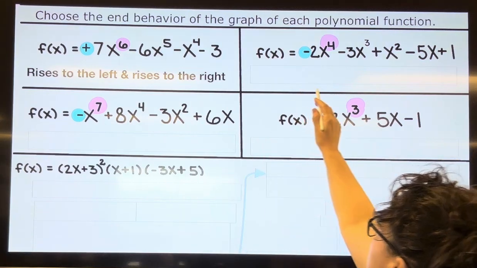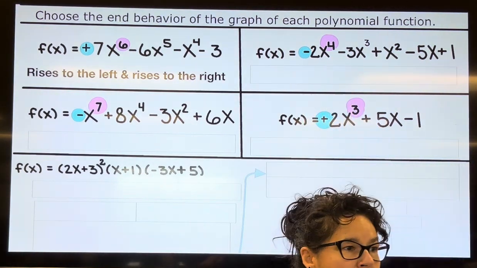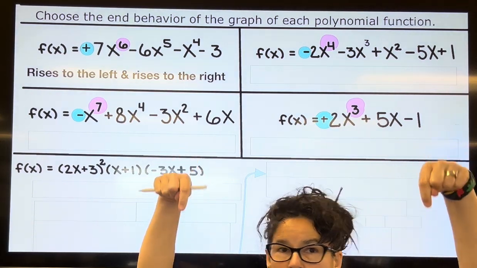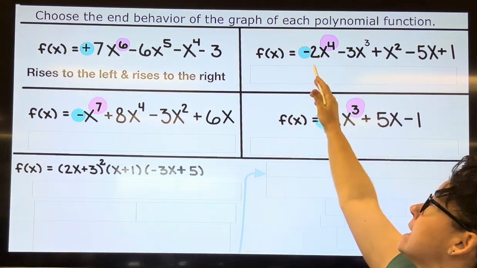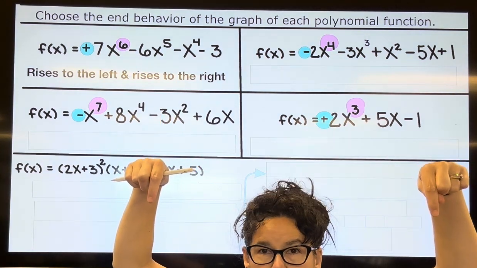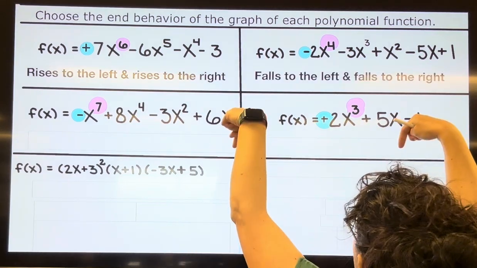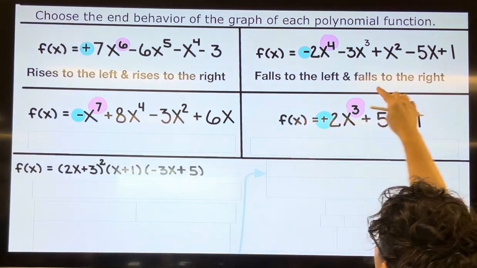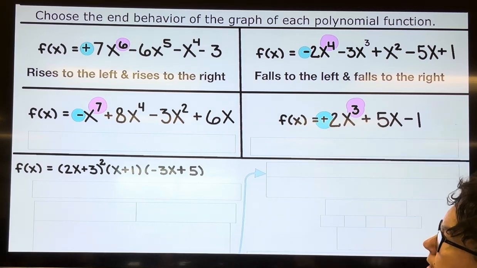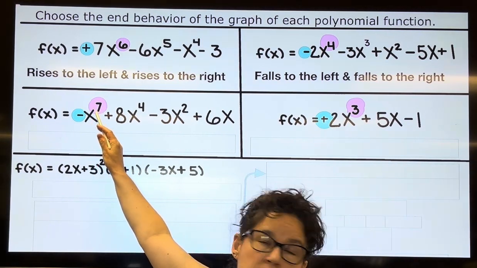Okay, this one here, the exponent is even, so the ends are either both up or both down. But then it's a negative in the front, so I now know that they're both down. So if they're both down, as I go to the left, it's going down, and as I go to the right, it's going down.